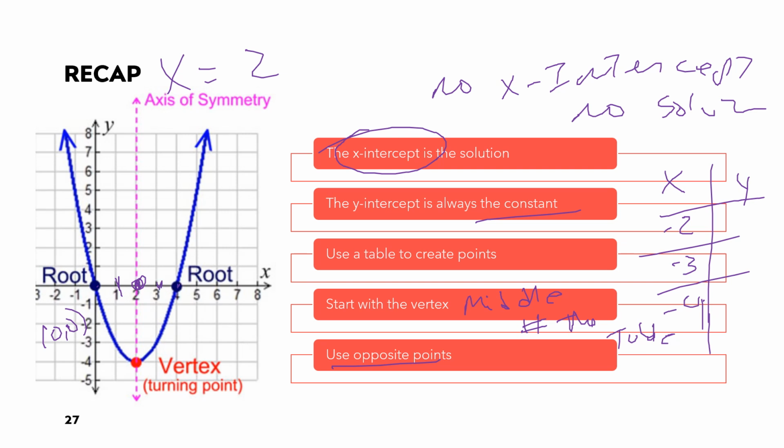If we were here, it looks like we went over 1, 2, 3. We would put our next dot at 1, 2, 3. So that's what we mean by opposite points. You find a point, you walk over to the axis of symmetry. However many steps you take, you walk over that many more steps until you're on the parabola. You plot your point. Once again, if you have any questions, let me know.